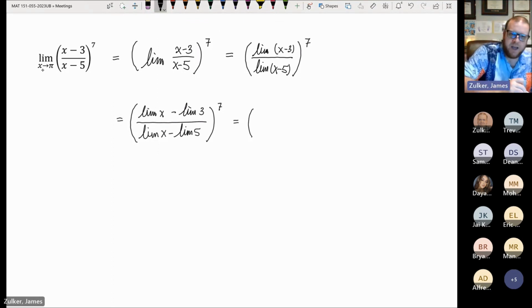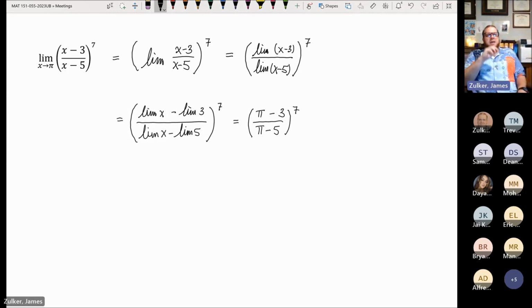Right, now remember x is approaching pi, right? The limit as x approaches pi of x is just simply pi. The limit of a constant is the constant. We're left with pi minus 3 over pi minus 5, all raised to the 7th power.